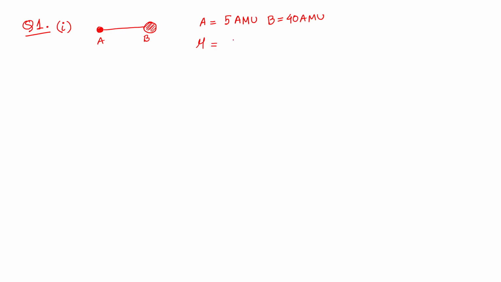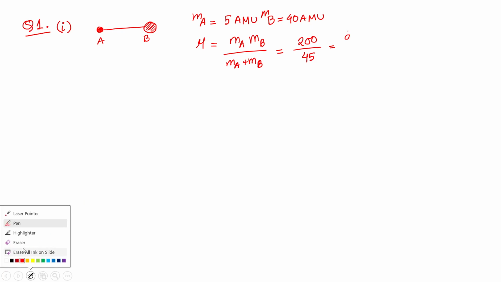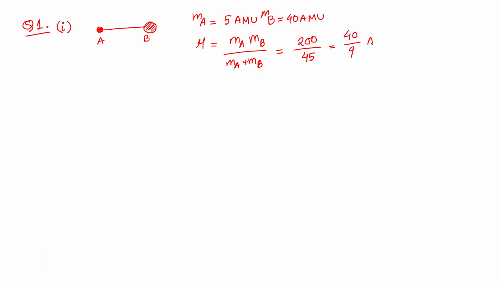Reduced mass is mA times mB by mA plus mB, which is 200 by 45, that is 40 by 9 AMU.